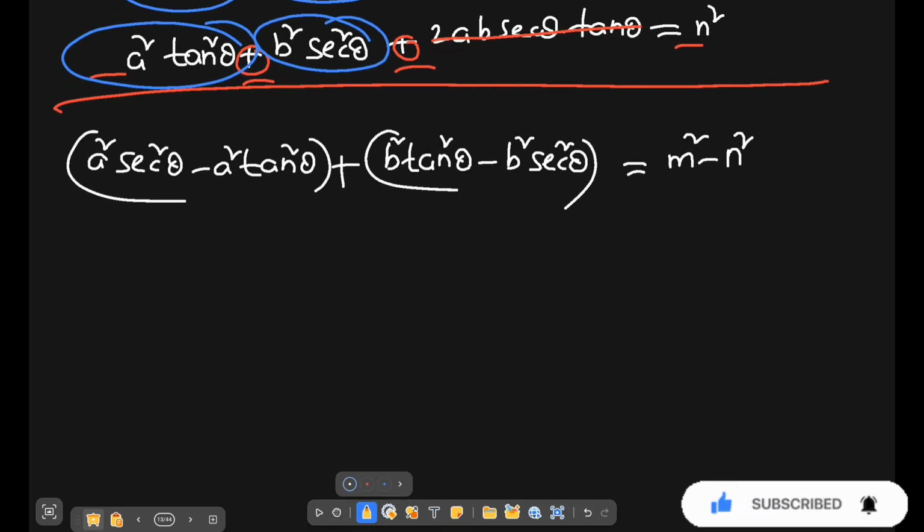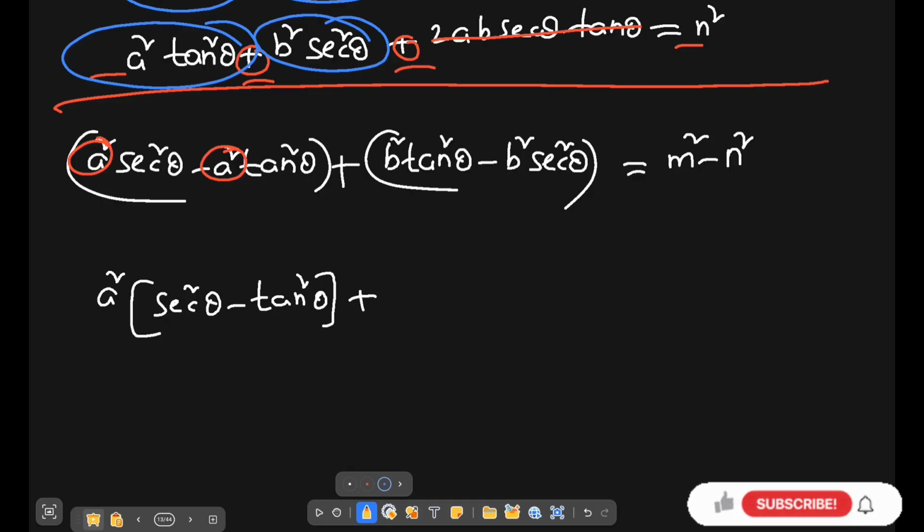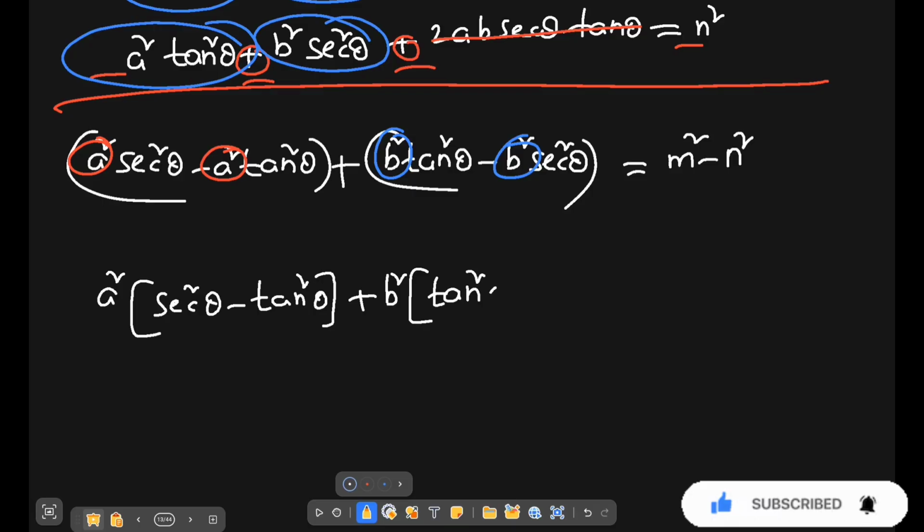Now let's take a square common here. If we take a square common, we will have a square of (sec square theta minus tan square theta) inside the bracket. Here you can take b square common, so b square of (tan square theta minus sec square theta) equals m square minus n square.